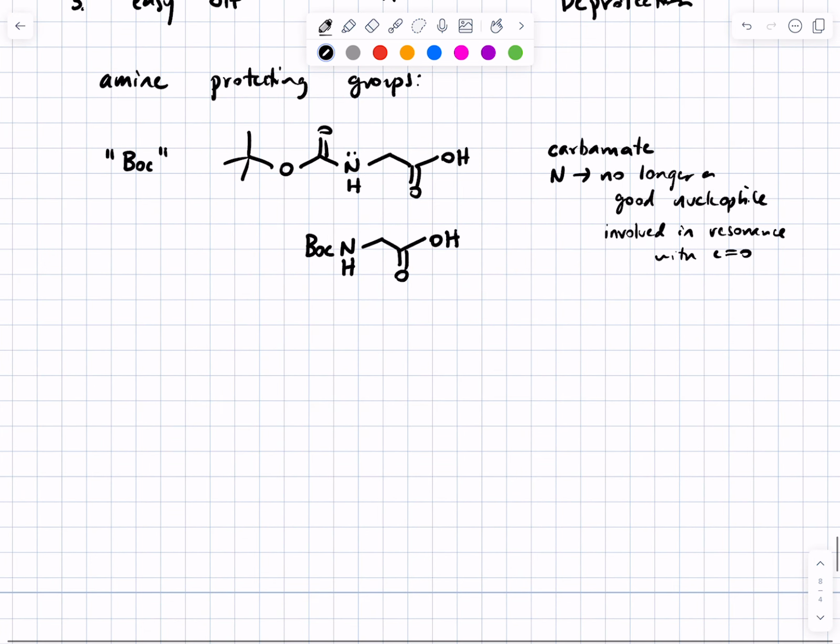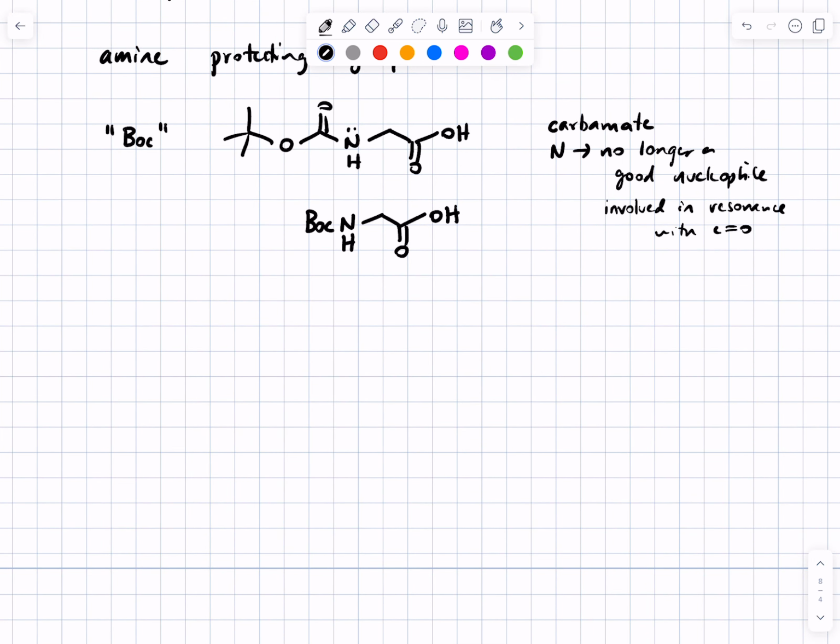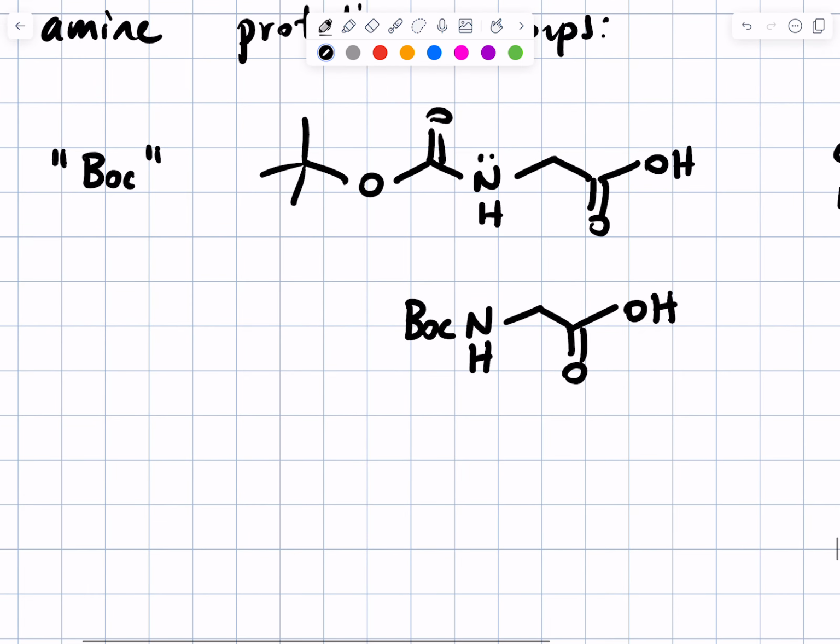So let's first talk about how the Boc group is removed, because it's only if it's removable that it's useful to us. Then we'll talk about how to put it on there in the first place. Oh, sorry. Boc stands for tert-butyl. B is for tert-butyl.